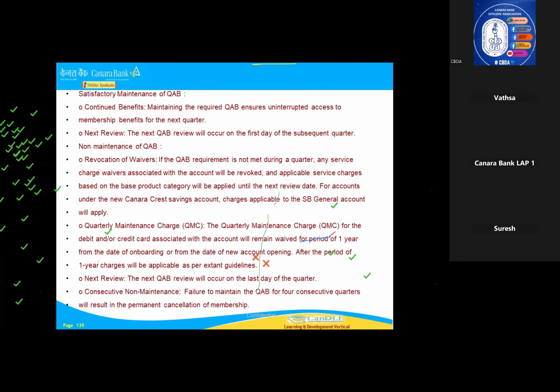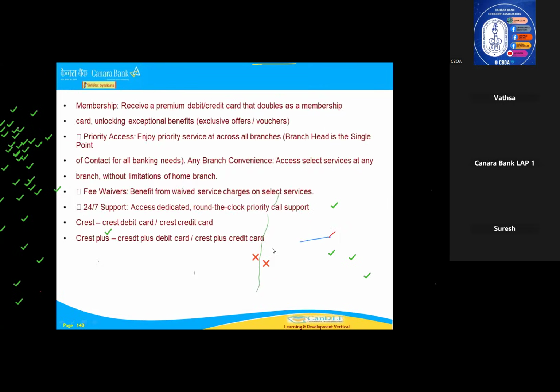What are the benefits that they are going to get when they maintain the required balance? If they are not maintaining, revocation of waivers will apply. It is a membership program.